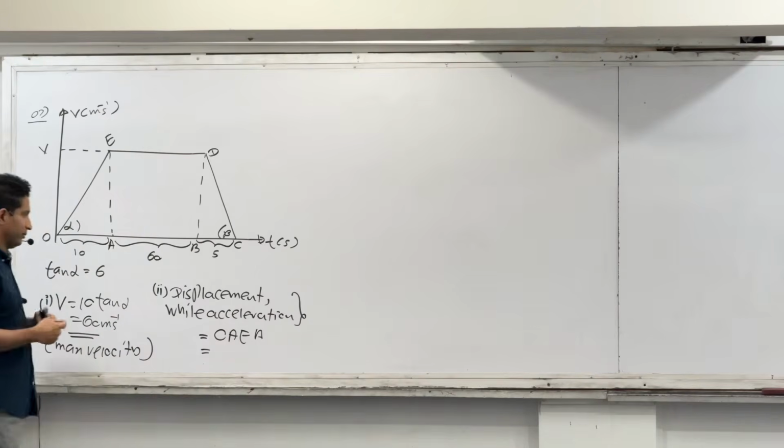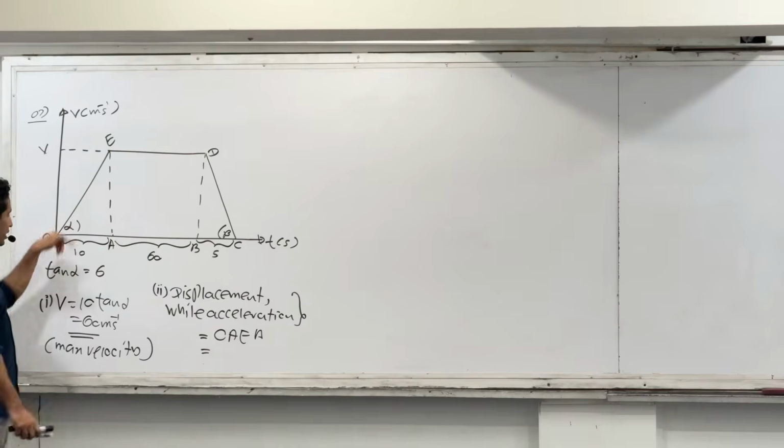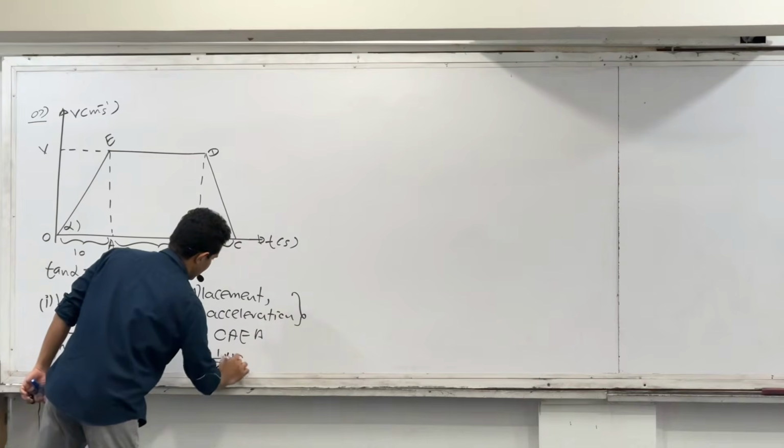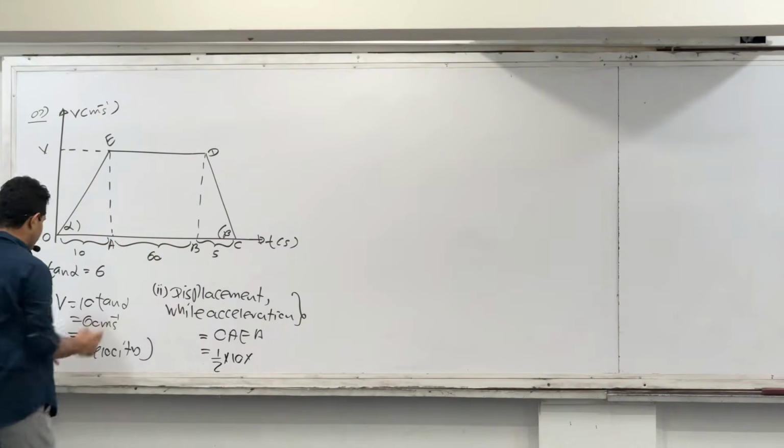OAE triangle. Now, displacement while acceleration is the OAE triangle. Half times 10 into the speed, 60.